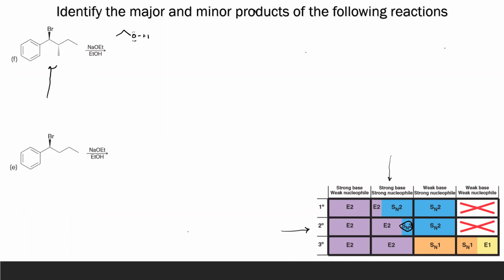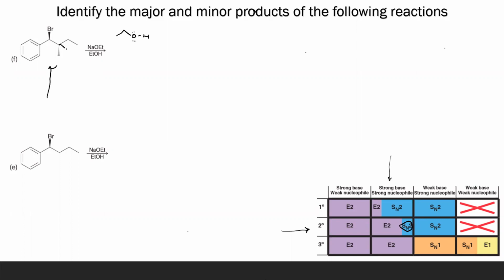So that's a polar protic solvent. That's going to favor your elimination product. So in this case, you're going to produce primarily an elimination product. So we're looking at elimination reactions.